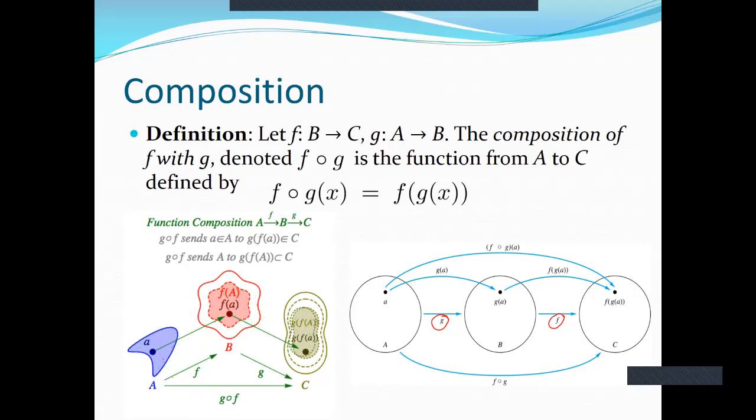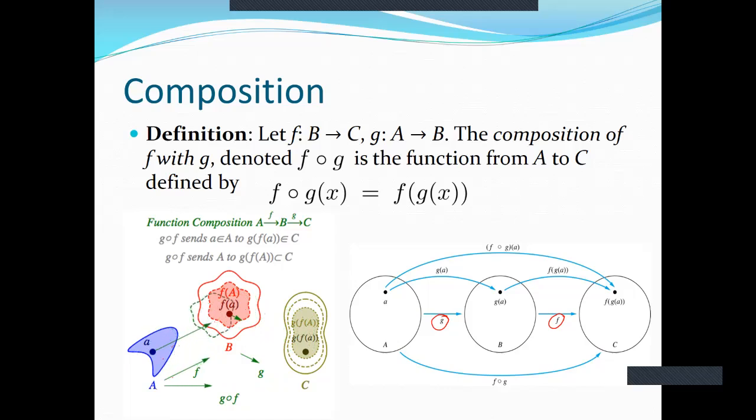Here it was G, here it is F, and set B maps all the elements to set C with a function that is G, right? Clear? So we can compose these two functions F and G and directly map from A to C with G of F. Here you can again see we have reversed the order.